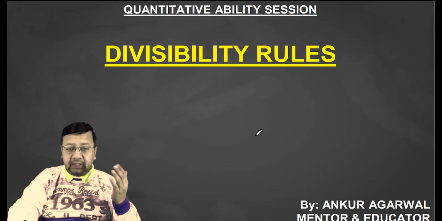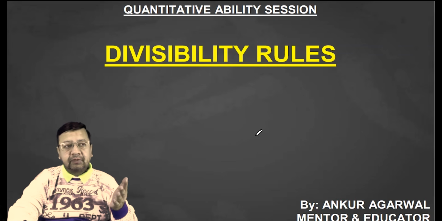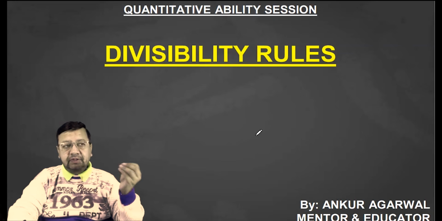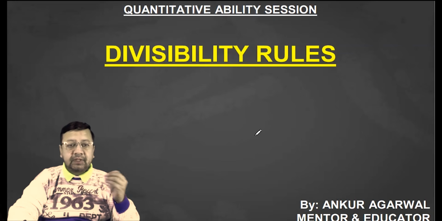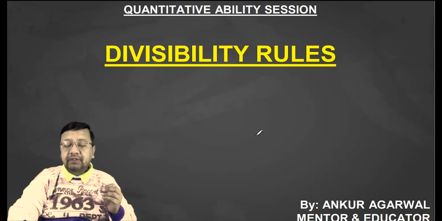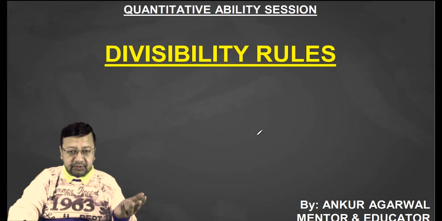And this will be very helpful when we are talking about checking by the options. Sometimes, by checking the divisibility rules, we can eliminate the wrong options, right?